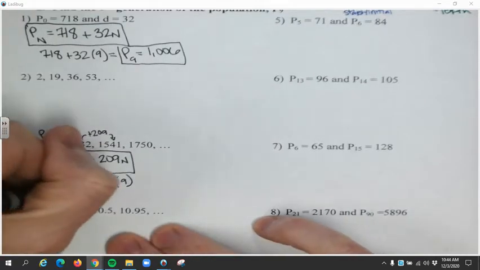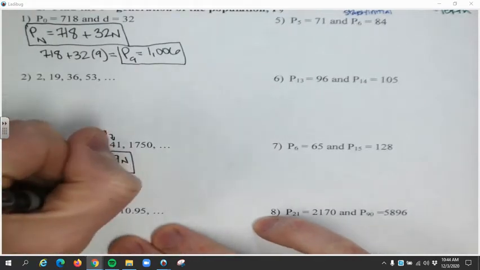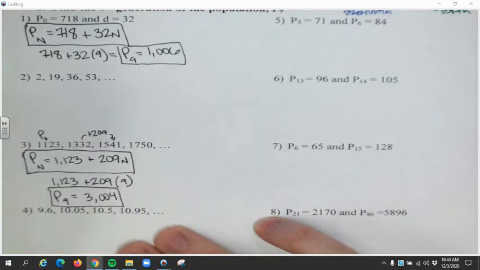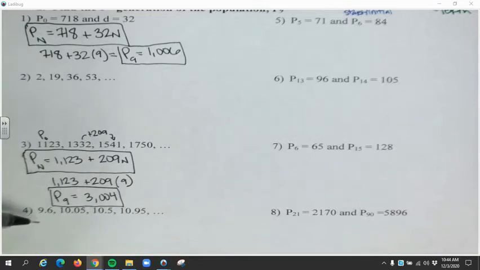So that means that P of 9 is 3004. Number 2 and number 4 are exactly the same. This is your first term. Find the difference to find what your term would be for your D.